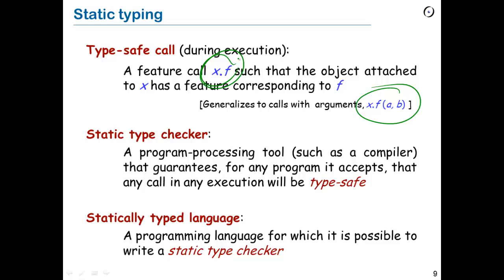By the way, it's pretty easy to write a static type checker according to that definition. You can write a static type checker that rejects every program. And so it satisfies the definition because it guarantees that for any program it accepts, every call will be type safe. Well, sure, since it accepts no program.